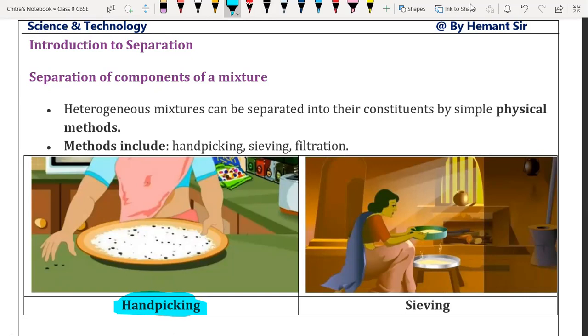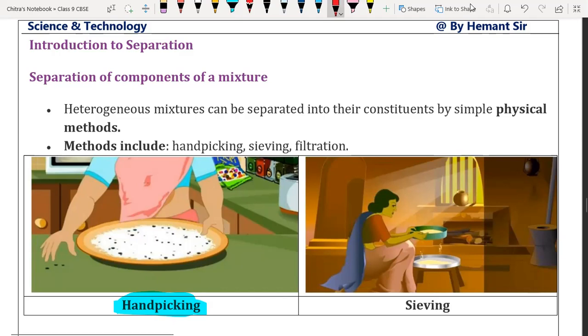Then we have the sieving method. The particles here are smaller in size than the grains, so we can separate them by using the sieving method.